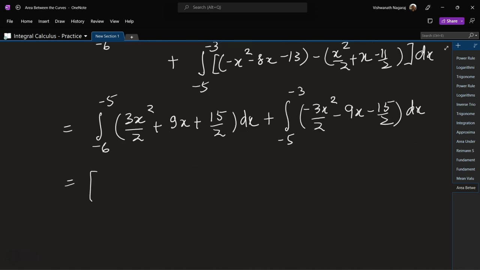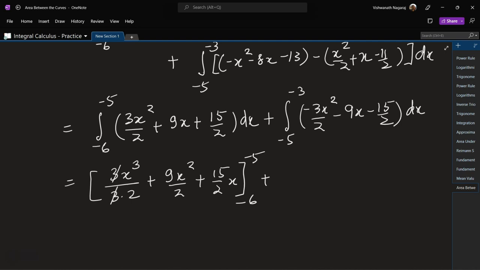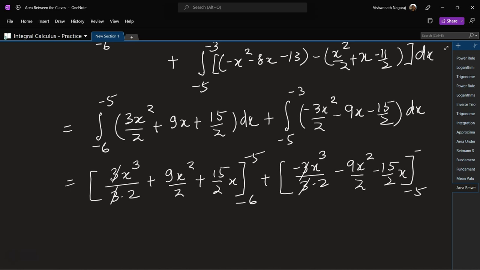Okay, this would be 3x cubed by 3 times 2, 3 cancels, plus 9x square by 2 plus 15 by 2x from minus 6 to minus 5, plus minus 3x cube by 3 times 2, so 3 cancels, minus 9x square by 2 minus 15 by 2x from minus 5 to minus 3.